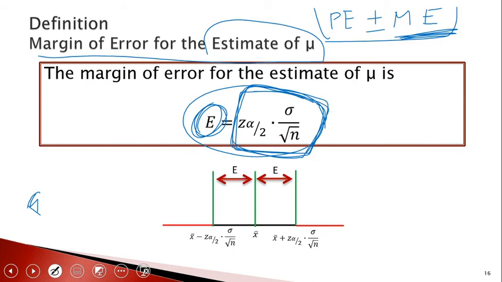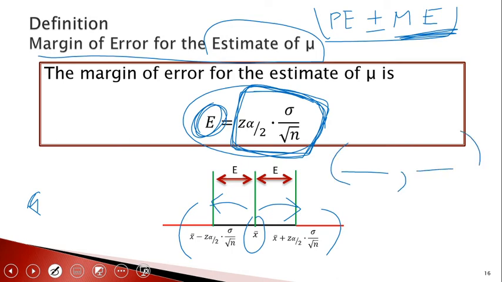See, x bar is your point estimator, plus that margin of error, minus that margin of error. You have calculated this before, right? The confidence interval, lower bound, upper bound, right? This is what we have done so far in this chapter.